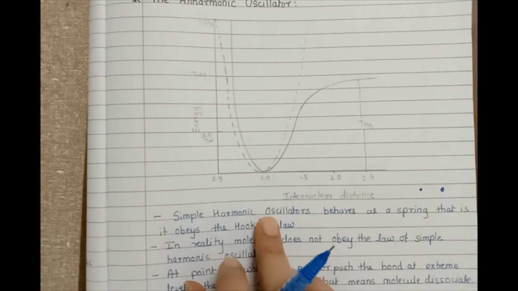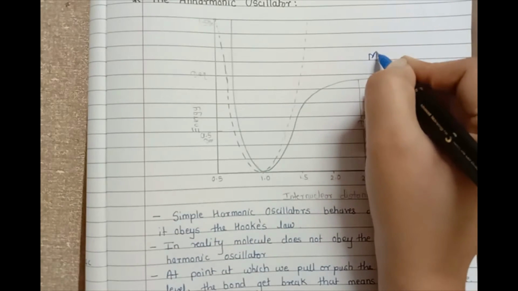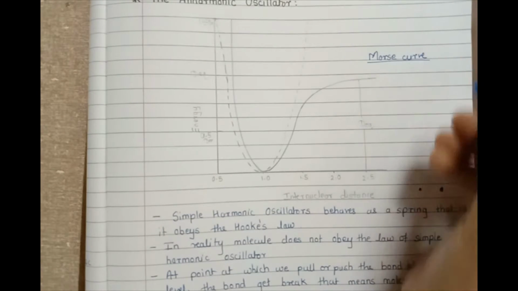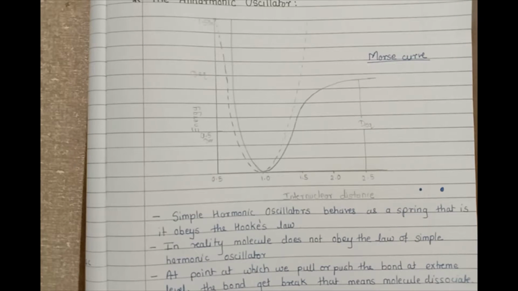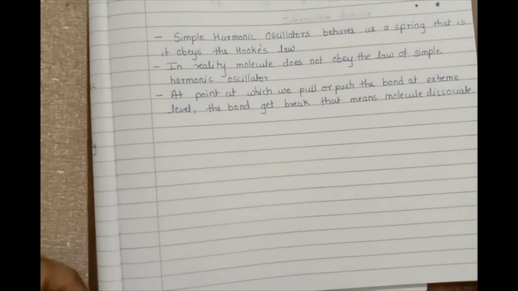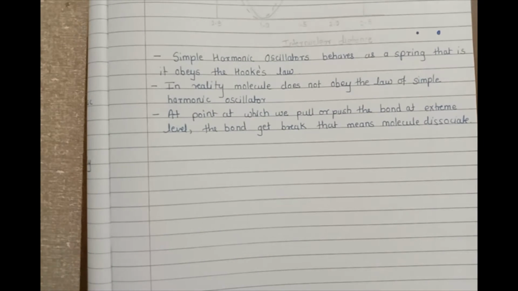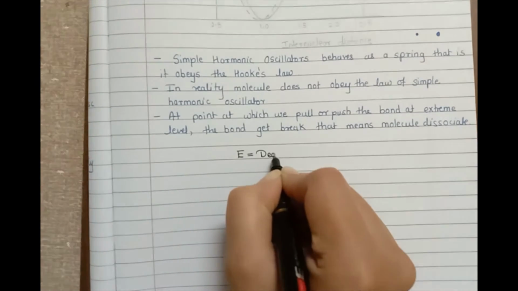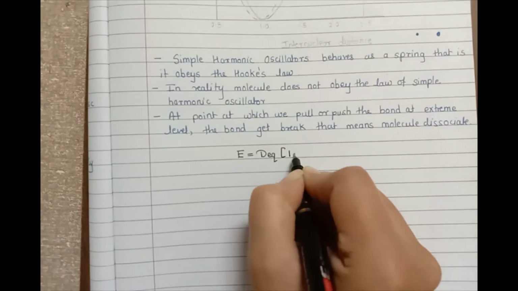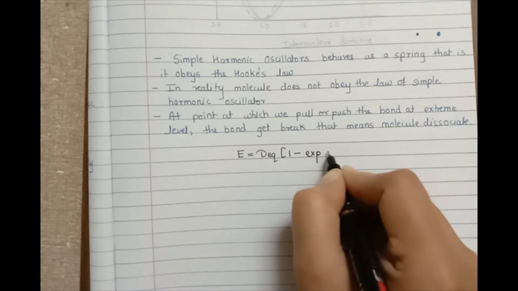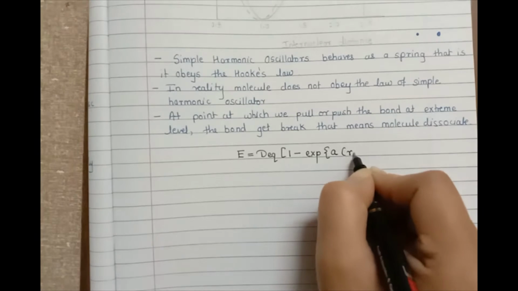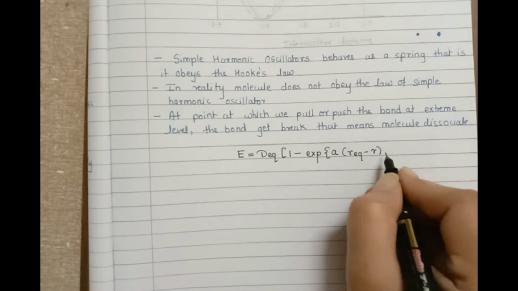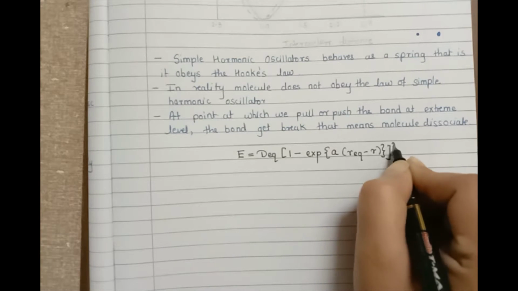So this curve is known as the Morse curve. And P. M. Morse has given the Morse function for the energy. According to him, energy is equal to De into bracket 1 minus exponential of a into (r equilibrium minus r), that is, how far we extend or pull it, whole bracket squared.